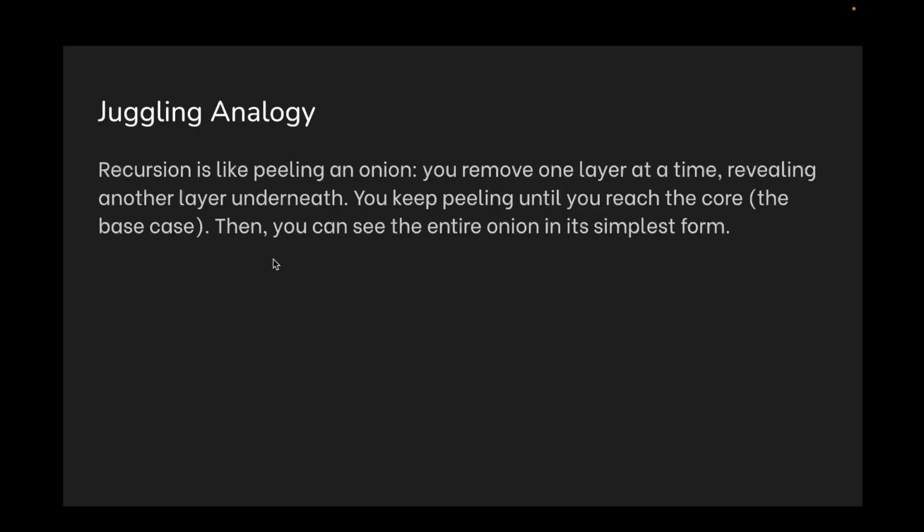So at that point, you can stop the juggling, and that's the end of the recursion. So recursion is like calling a method over and over again until you get to a simple base case, or simple form of the method where the variable is too simple, I guess.